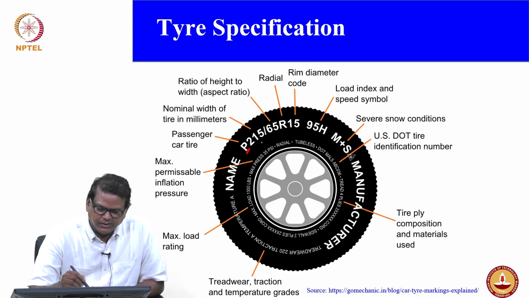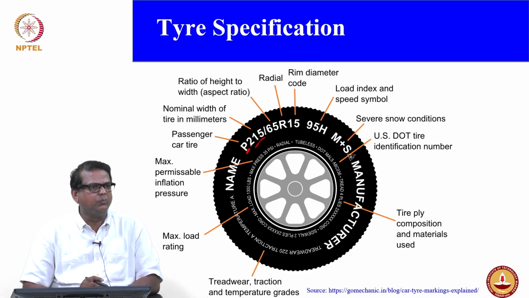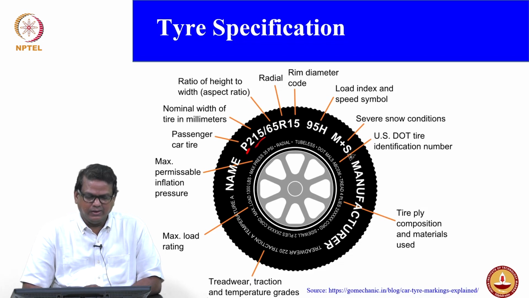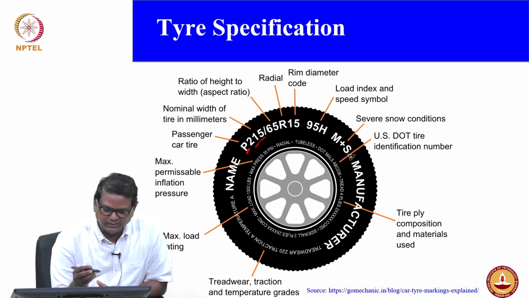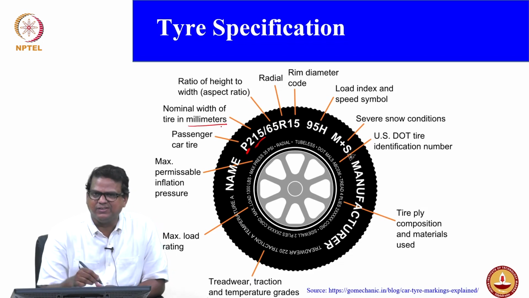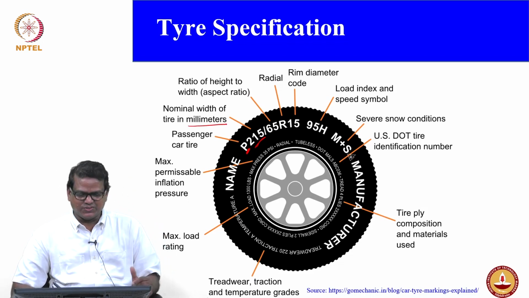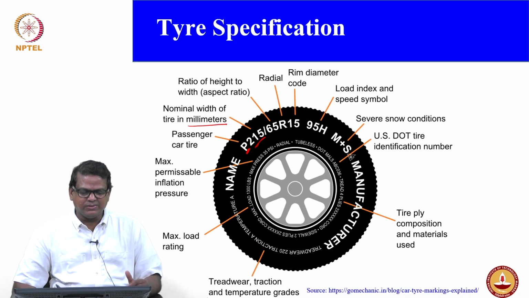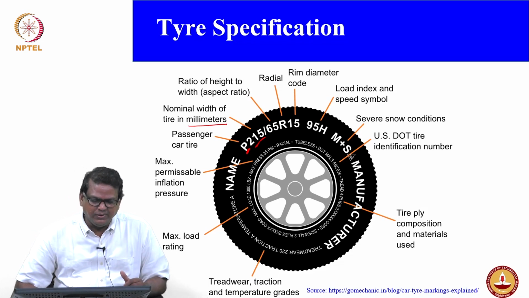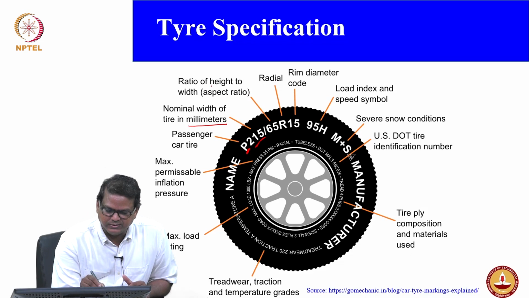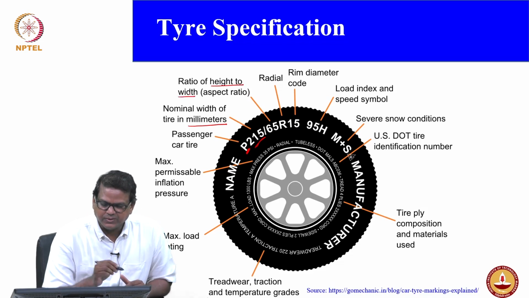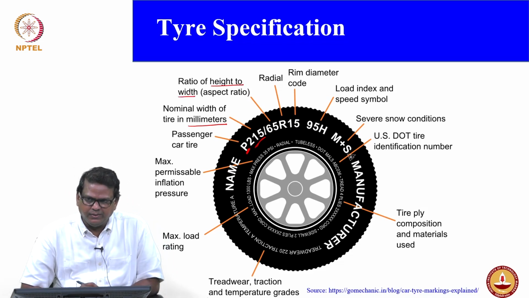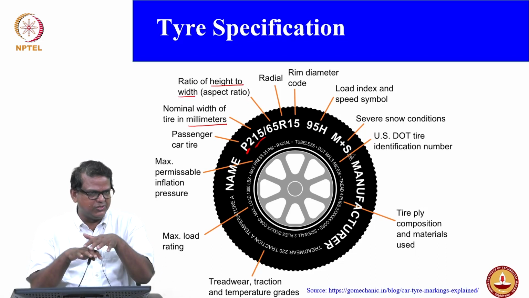Then 215 is the nominal width of the tire in millimeters. The tire has specifications in different dimensions, and 65 is the ratio of height to width. And R is the way the tires are constructed.